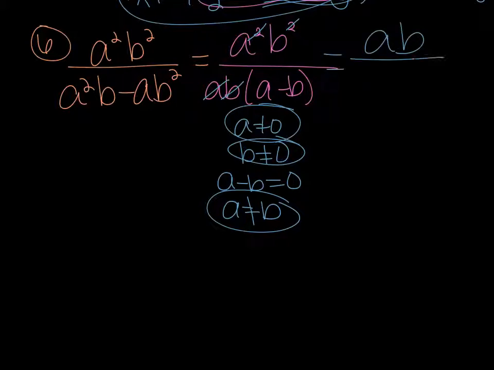Would this be my final answer, AB over A minus B? Why can't I cancel those out? Tara? One's multiplication and one's subtraction. Exactly, because it's not multiplication in that denominator. Okay, so your final answer would be AB over A minus B. And your restrictions would be A cannot be 0, B cannot be 0, and A cannot equal B.